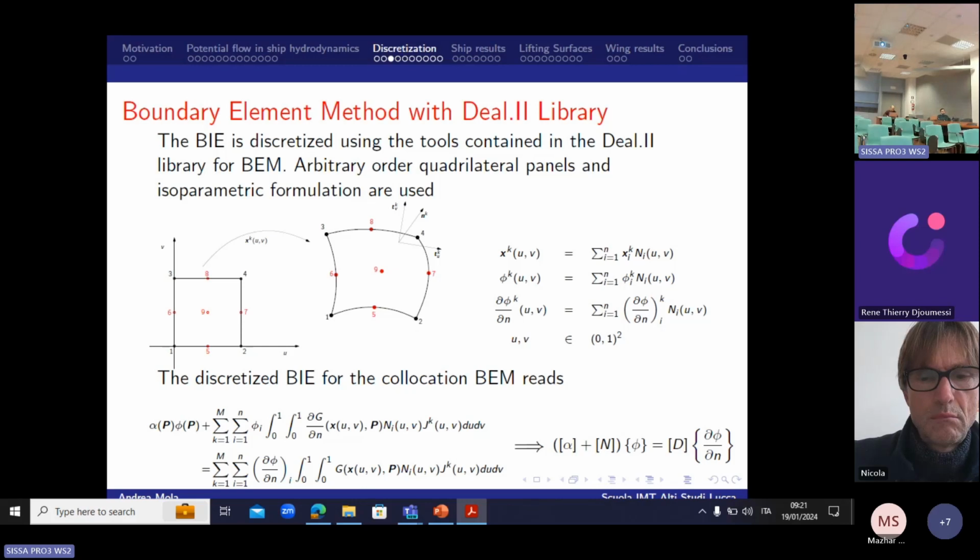This is an isoparametric formulation. And finally, it results into this matrix system, which has all full matrices except the diagonal matrix alpha. One noteworthy thing is that because of the 1 over R formulation of the Green function, we need to be able to carry out the quadrature of singular kernel integrals.